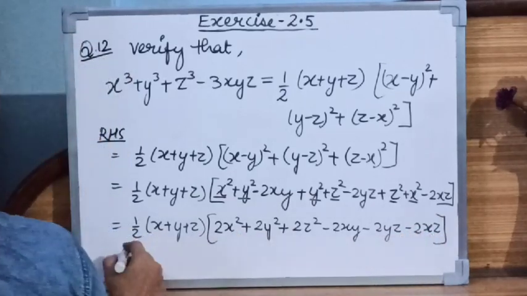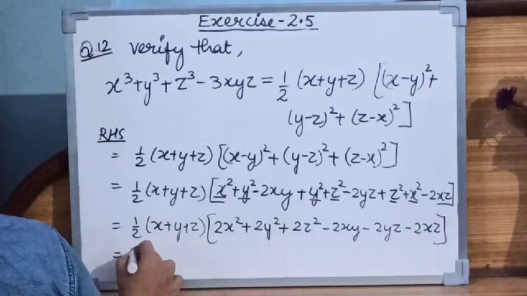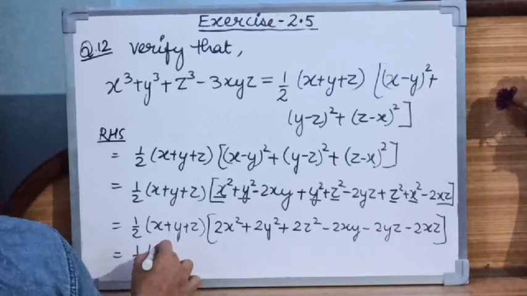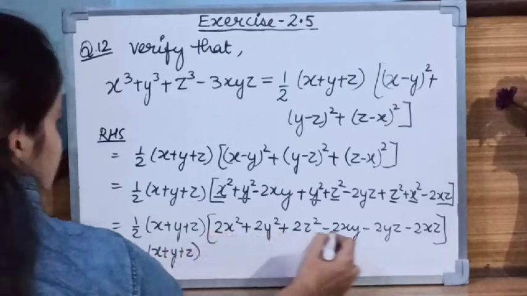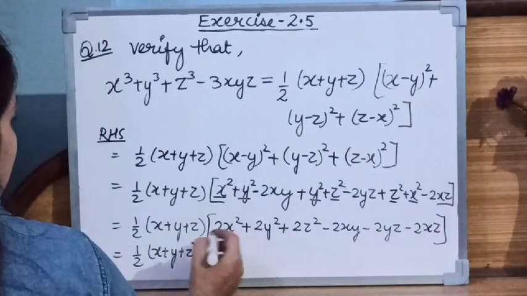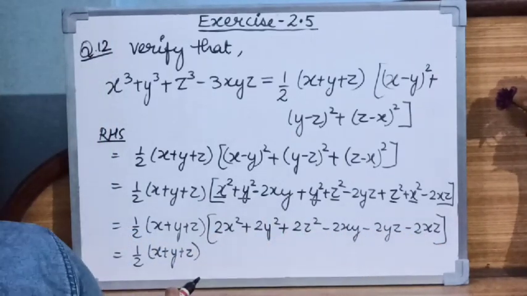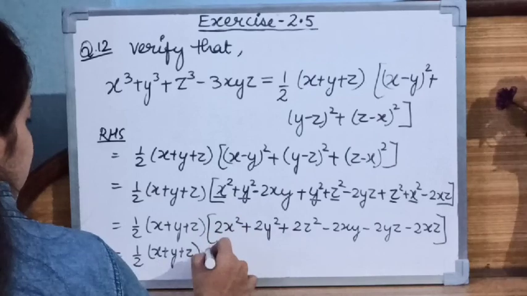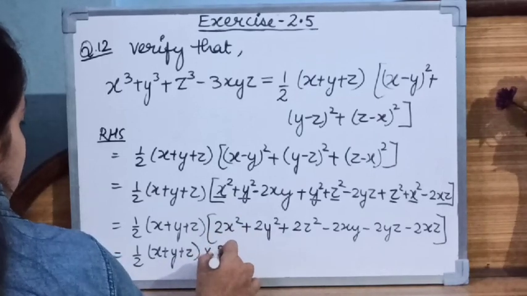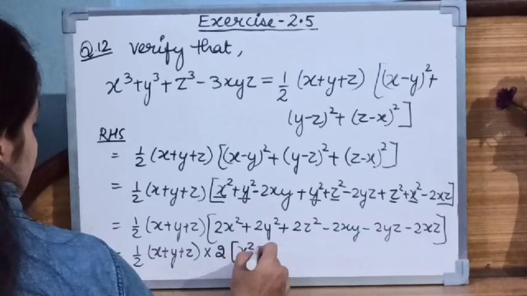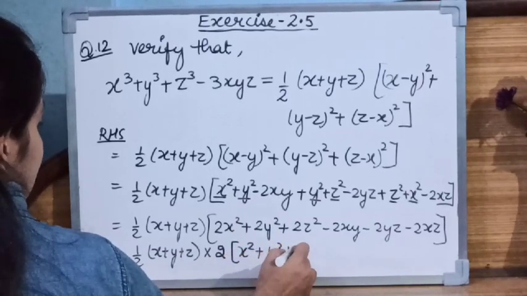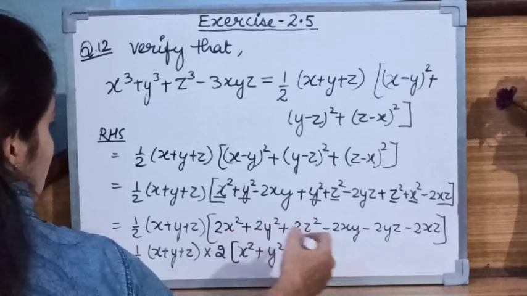Bracket close. The first term will be the same, half (x plus y plus z). As you can see, students, in this bracket we have 2 as a common term. So I am going to write 2 outside of the bracket and the rest of the terms the same, x square plus y square plus z square, because we have taken 2 common.